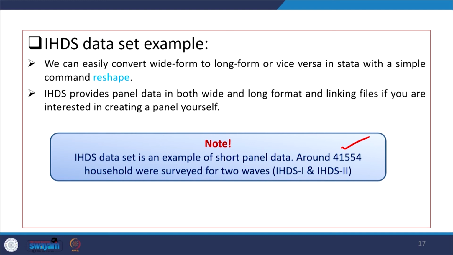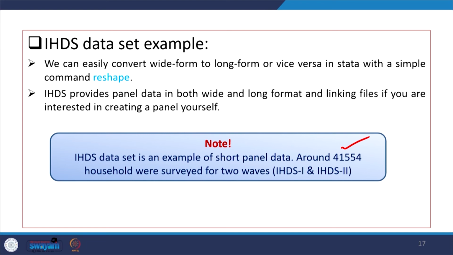We have already discussed something about this IHDS. You can also search the India's Human Development Survey website to get it. So, the IHDS data set is an example of short panel data. We can easily convert wide form to long form or vice versa in Stata with a simple command called reshape.